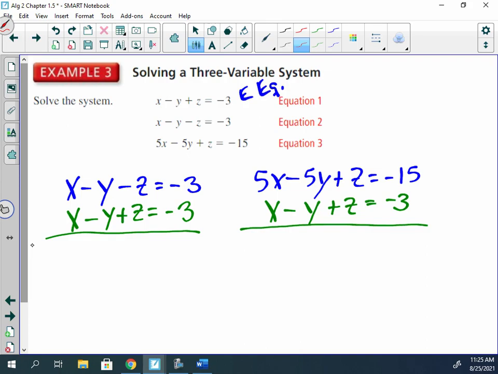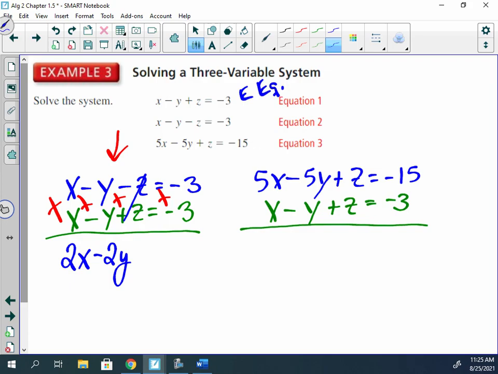Now, looking at this first equation here on the left, would we add or subtract? Add, because the signs of z are opposite. So we need to add these. Now, x plus x is 2x, negative y plus negative y is negative 2y.